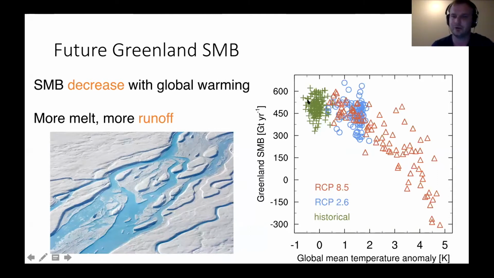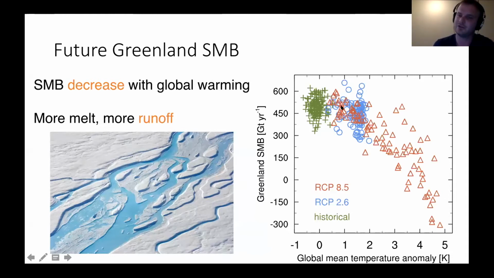So in the historical period, of course, this hovers around 0. But then if you go into the future, according to different scenarios, a low warming scenario, these are the blue circles, and then a high warming scenario, the red triangles, they show a decrease of Greenland surface mass balance with global warming.